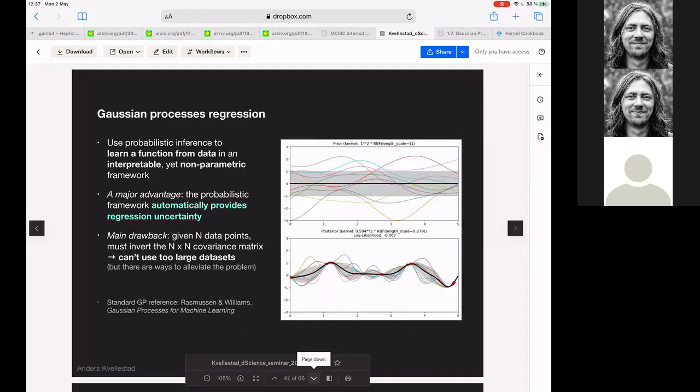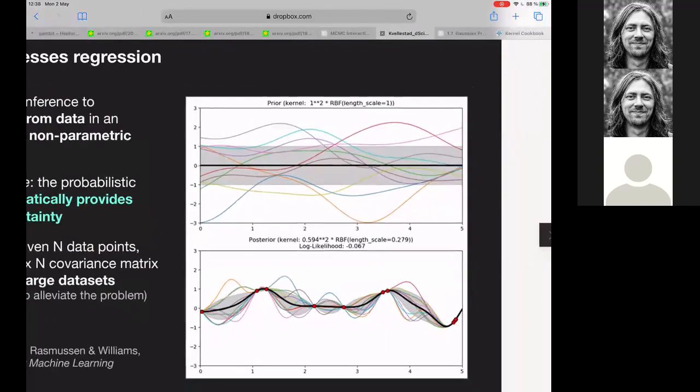So this picture on the right is the classic picture of GP regression. The functions on top are samples from your prior on function space, and the black band and gray band are just your prior mean plus and minus one standard deviation.